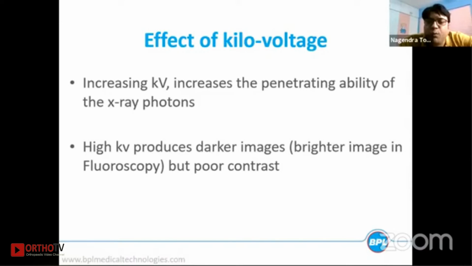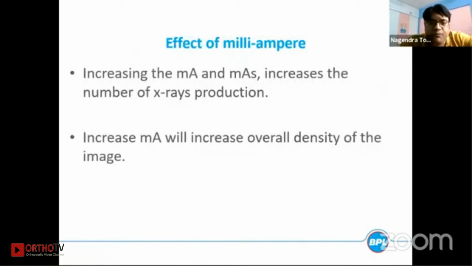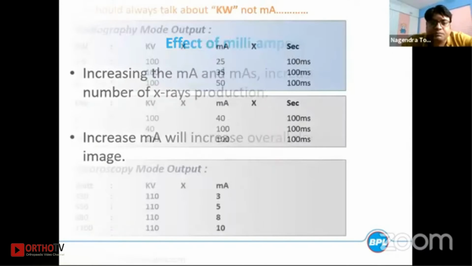So kV has to be optimum depending on the thickness of the object. Second is mA, the amount of X-rays, which creates density in the images. So your selection of kV and mA has to be proper to get appropriate image quality.